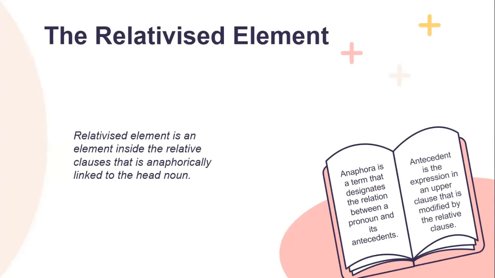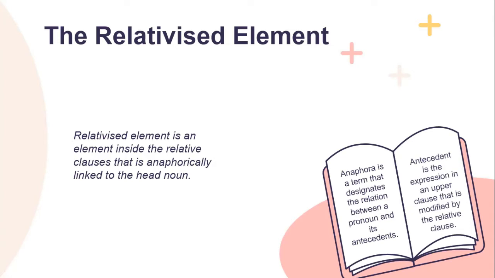A relativized element is an element inside the relative clause that is anaphorically linked to the head noun. As mentioned before, anaphora is the relation between a pronoun and its antecedent.